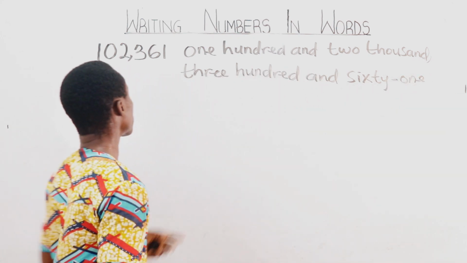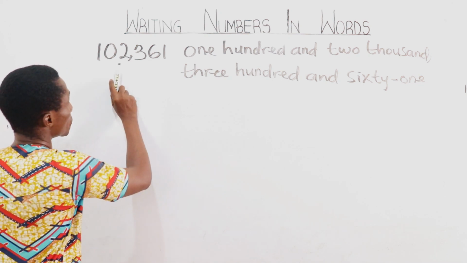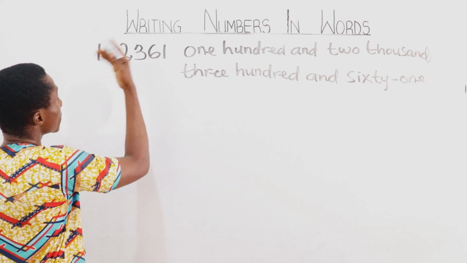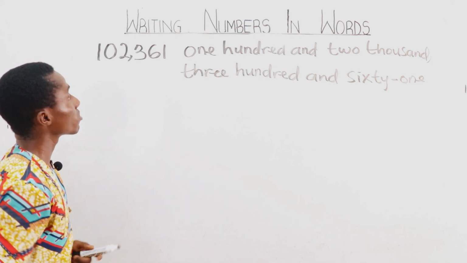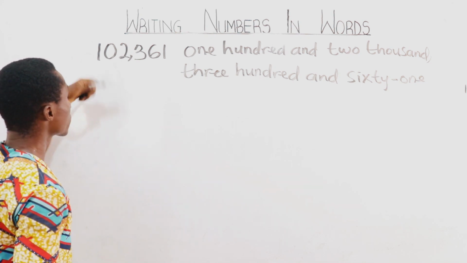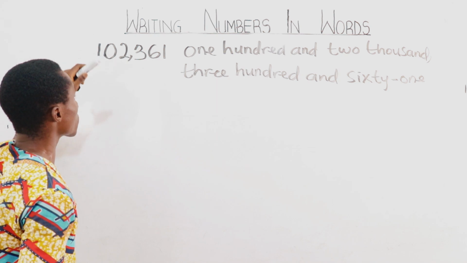Okay, very good. Now this 2,000 can keep on changing. It can be 3,000, 4,000 till it gets to 9,000.